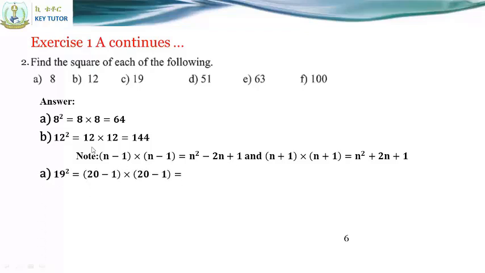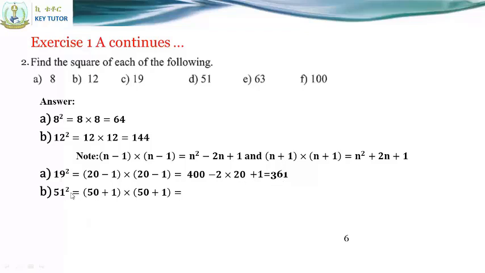Okay, so now let's use this in finding 19 squared, which is 20 minus 1 times 20 minus 1. 20 times 20, which is n squared, 400, minus 2 times 20, 40, plus 1. Obviously 401 minus 40, which is 361.